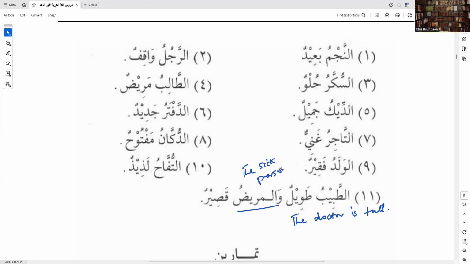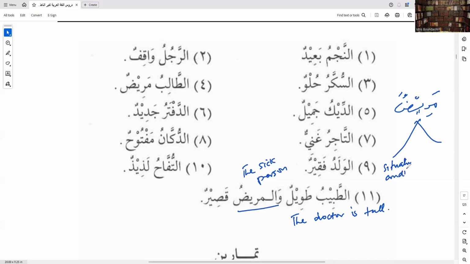المريض. So the word مريض in اللغة العربية, let's explain this. The word مريض in اللغة العربية can mean the situation or the condition.